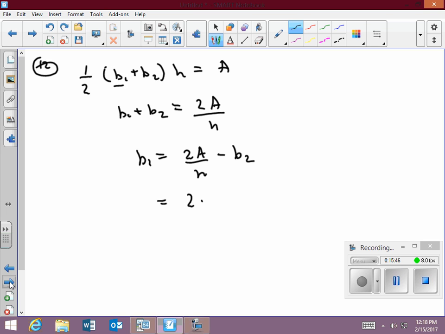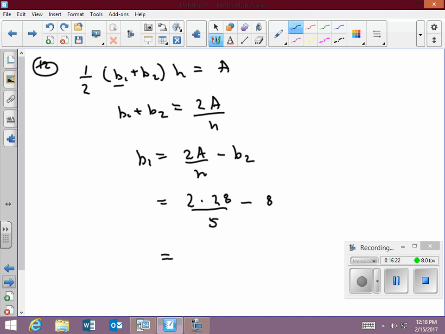2, and we know the area is what? 28. We know that the height is 5. We subtract out the other side, other base, excuse me, is 8. Now there's nothing that simplifies in the 2 times 28, so you're going to have to do the division out on that thing.